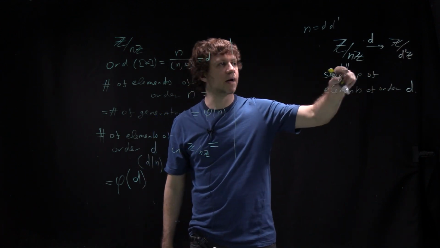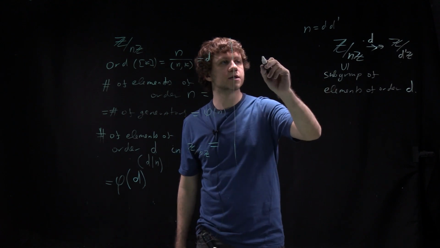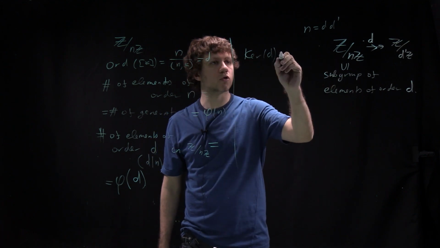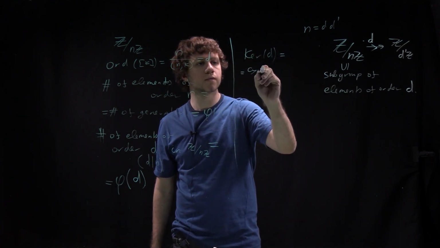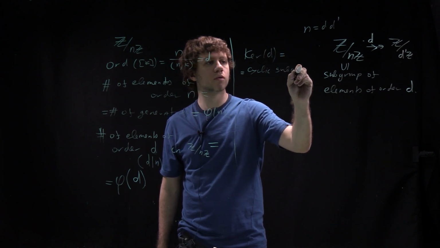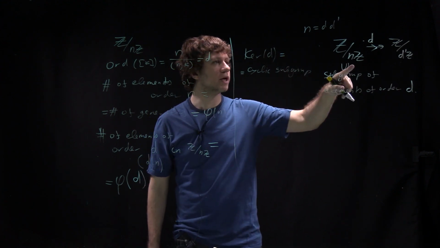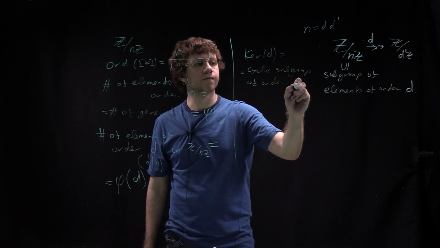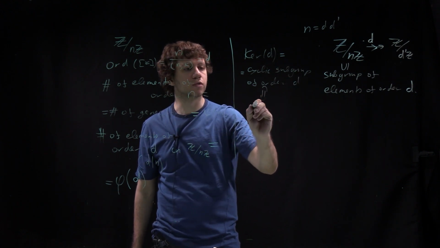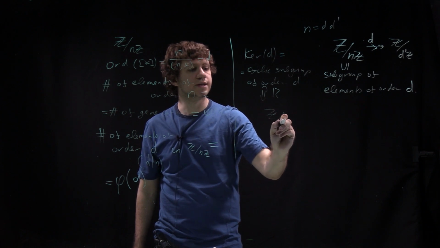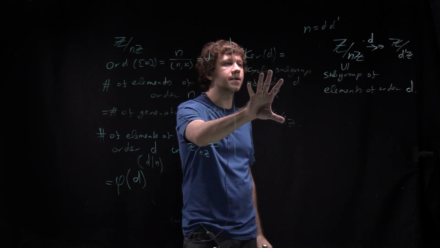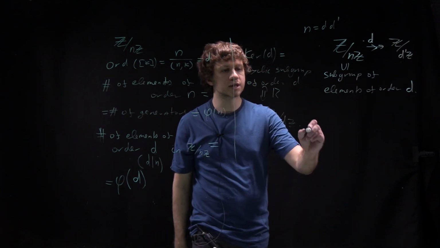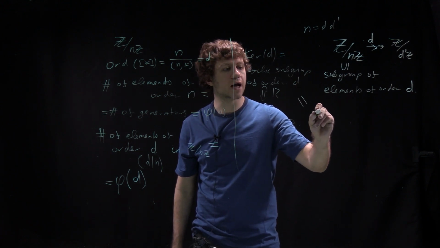So again, we already discussed that map a few times, it's surjective, and the kernel of this map, so it's a subgroup, is a cyclic subgroup, and the subgroup is definitely of order d, and so is isomorphic to Z over dZ. So these are elements whose order divides d.